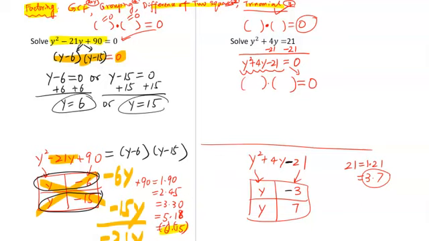Let's say we don't know, so you just randomly pick. I'm going to actually intentionally pick the wrong answer, and I will show you how to modify it. So I just randomly say you make 3 positive and 7 negative, that way positive times negative can give us the negative 21.